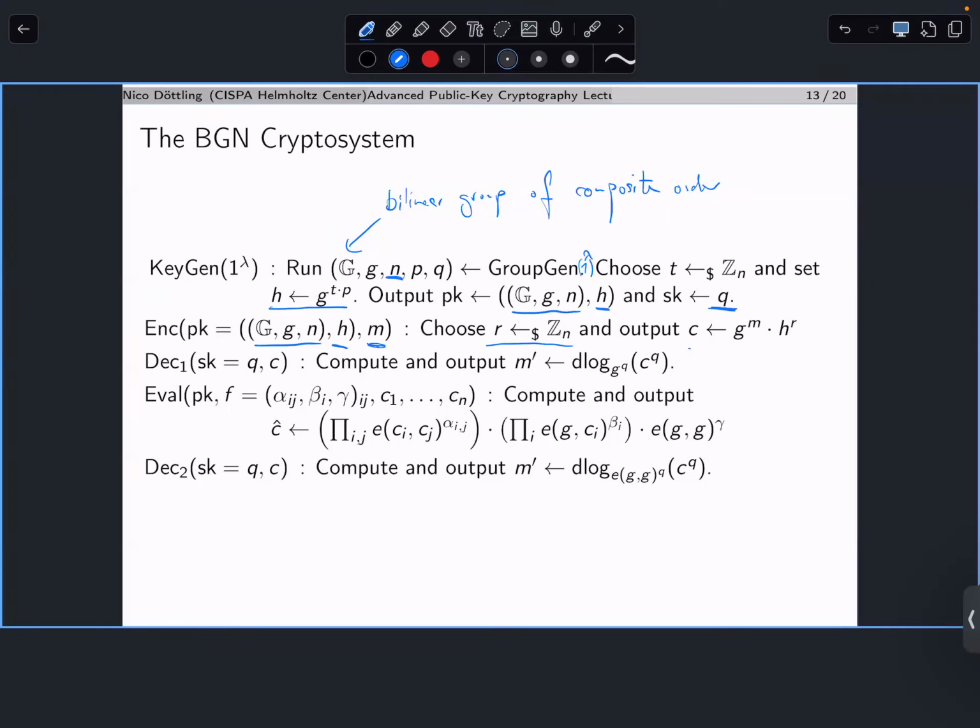And just output our ciphertext C as G to the M times H to the R. This is really, again, similar to the El-Gamal crypto system. Let's think of it as H to the R times G to the M. I like this version a bit more, right?